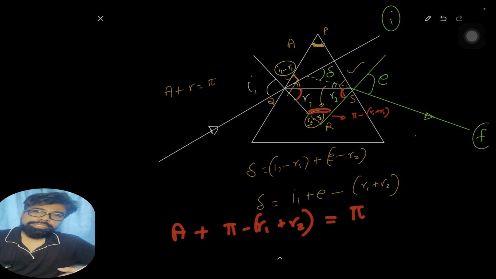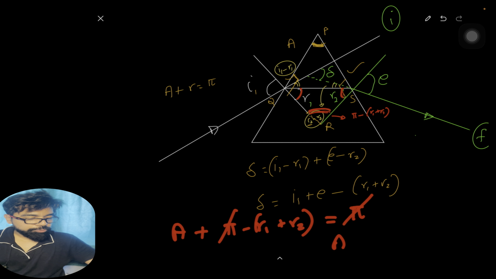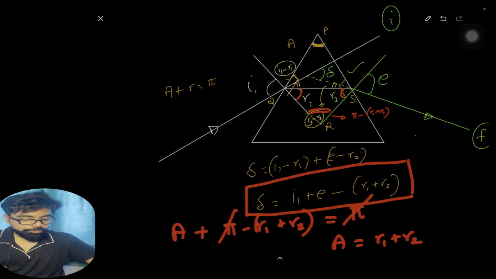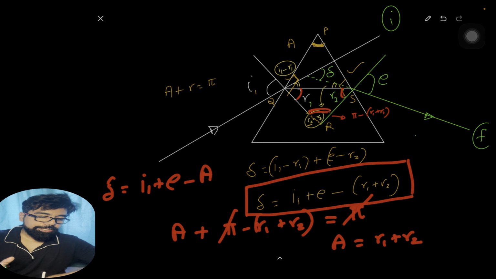Pi, 180 degree for a triangle QRS. So if you cancel the pi, you can easily prove A is equal to R1 plus R2. So what's the basic deviation formula? The deviation formula is coming as I1 plus E minus A. The initial angle of incidence plus the angle of emergence minus angle of prism will give you the angular deviation.